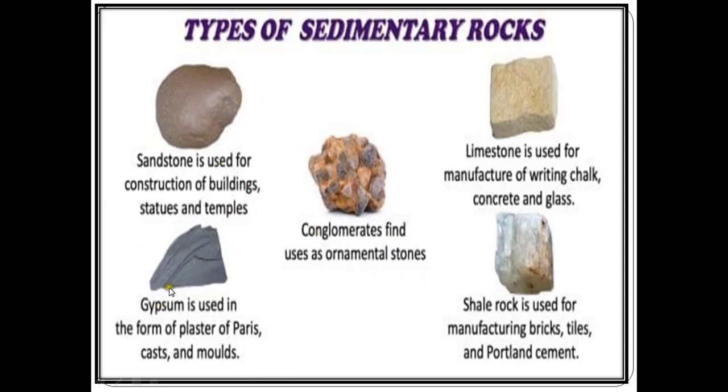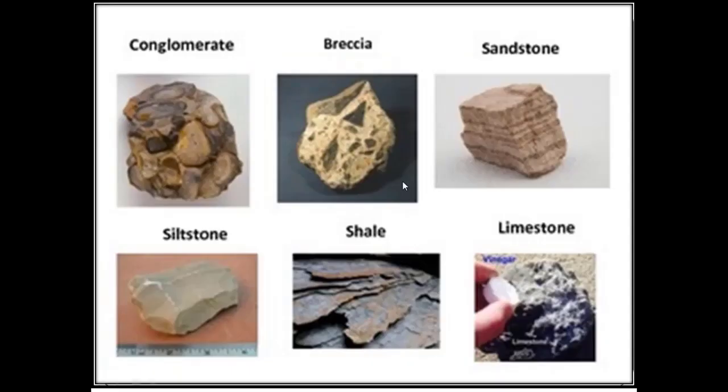And gypsum and limestone are rocks which are water-dissolved minerals from rock, and over time the water evaporated, leaving the minerals behind. That we can see in the case of gypsum and limestone. These are the two different kinds of rocks. And there is also one more, that is coal, which we have seen here in the diagram.